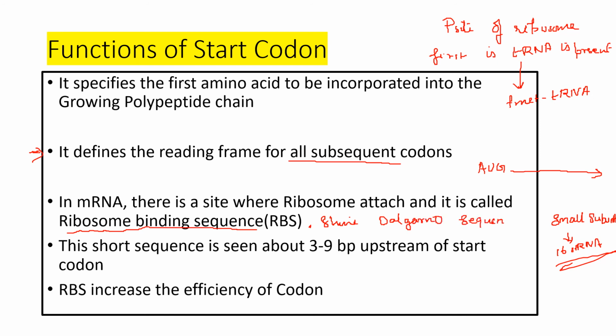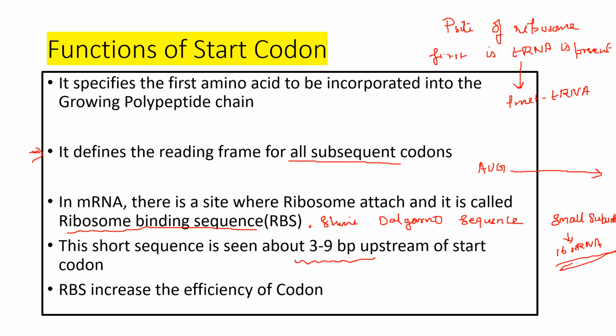Okay, so this Shine-Dalgarno sequence is just upstream of the start codon, about 3 to 9 base pairs upstream of the start codon. So if you look into this, you can identify that there is a sequence just before the start codon, and there is base pairing between the 16S rRNA and this Shine-Dalgarno sequence.